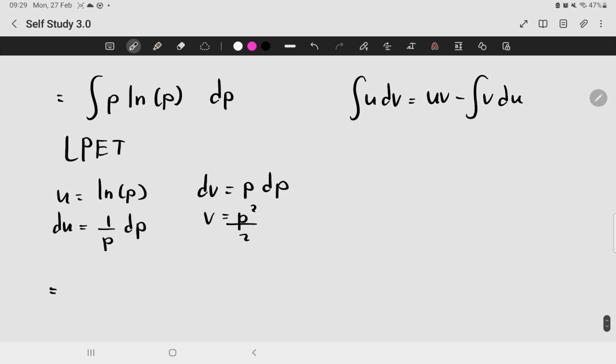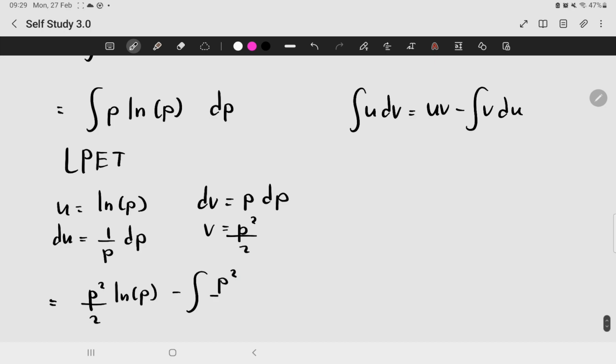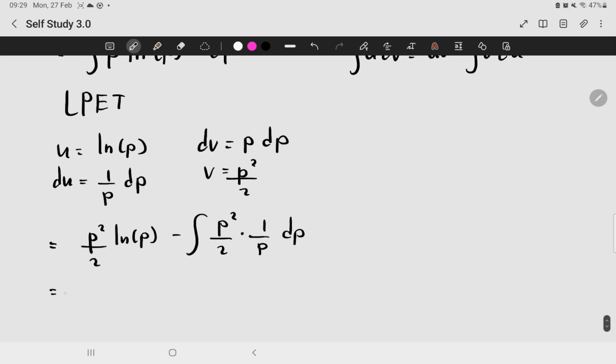Now you will have p squared over 2 times ln p minus, we integrate p squared over 2 times 1 over p dp. And now solve it as usual.